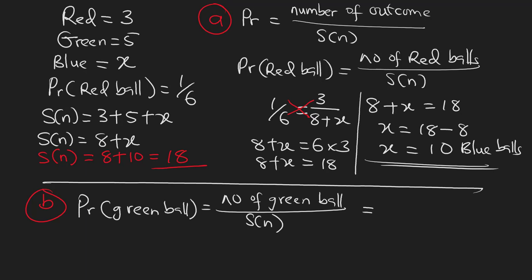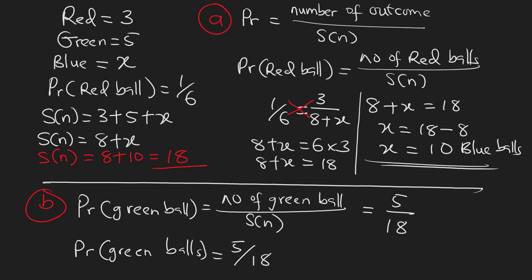Our number of green balls is 5 over, what is our new sum of number space? Now we're not going to use x, we're going to use 18 because that's our new sum of number space, which is 18, right? So therefore the probability of green balls will be equal to 5 over 18. So this is the answer. Very simple. So let's move to the next question.